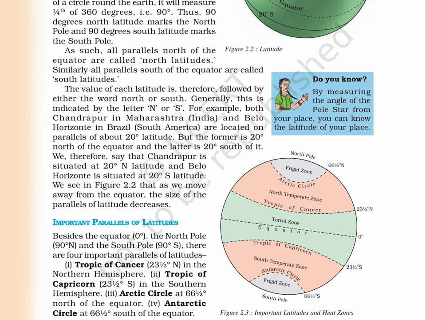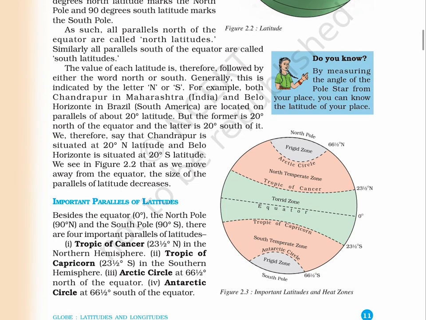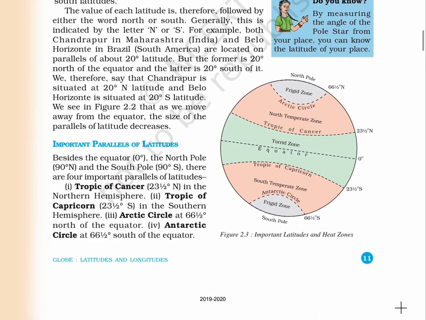Important parallels of latitudes. Besides the equator, that is 0 degree, the North Pole 90 degrees north and the South Pole 90 degrees south, there are 4 important parallels of latitudes. 1. Tropic of Cancer 23.5 degrees north in the northern hemisphere. 2.